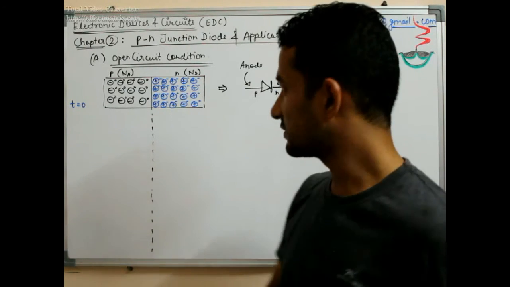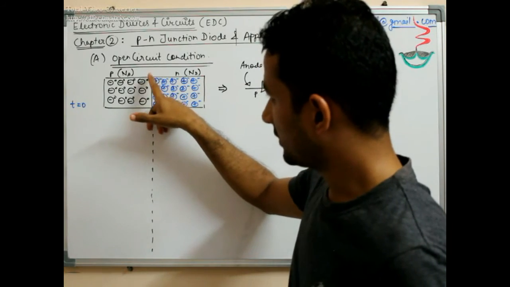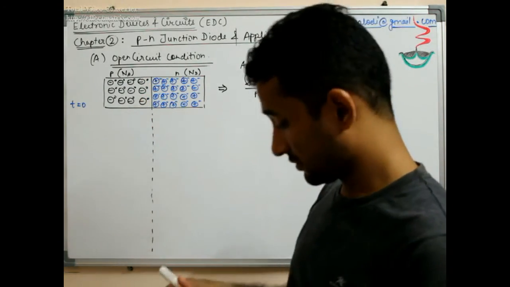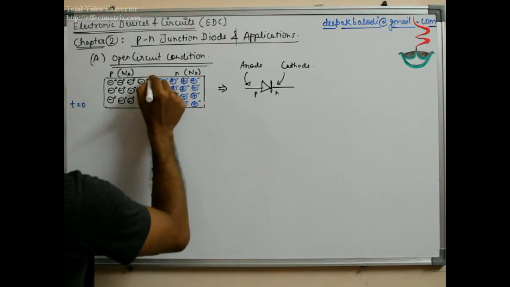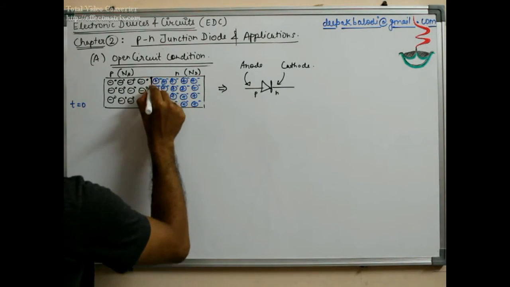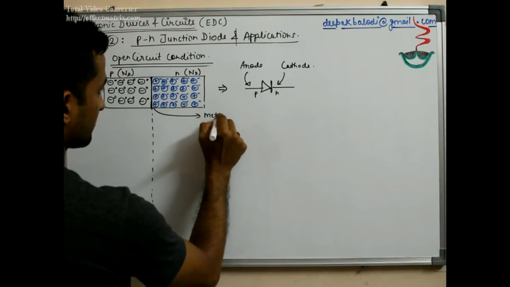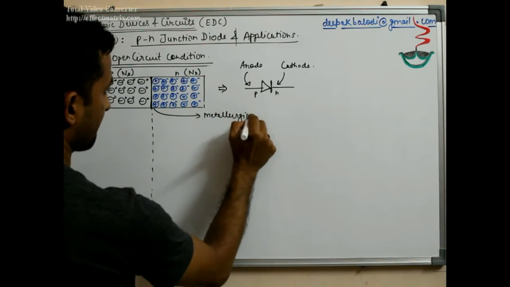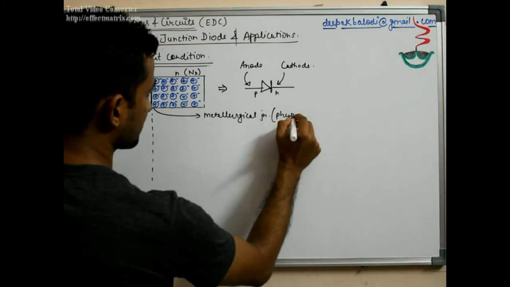There is a diffusion process. The holes close to the N side, or to the metallurgical junction, oh sorry, I did not name this junction. The physical junction between P and N is called the metallurgical junction.